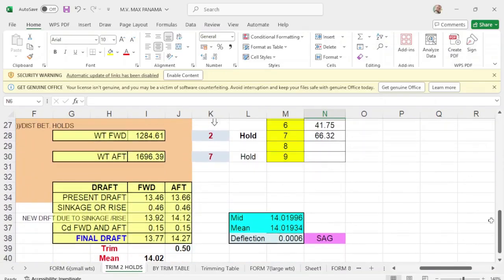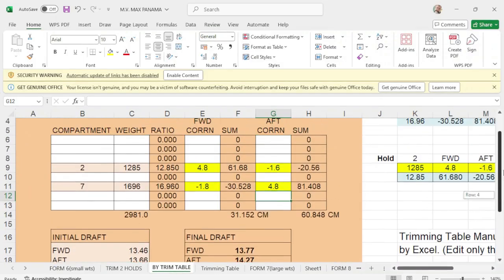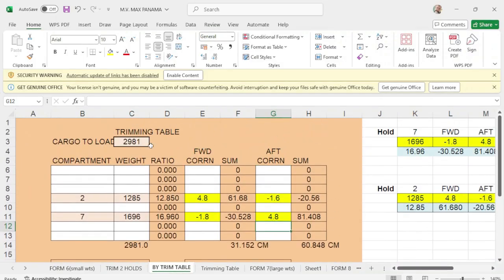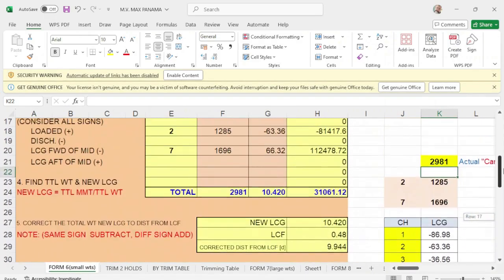Okay. 1377, up drop is 1427, your trim is 50 centimeters, and your mean is 1402, and you have a 0 deflection. So now we go to the trim table, and your remaining cargo to load is 2981, which is this one.